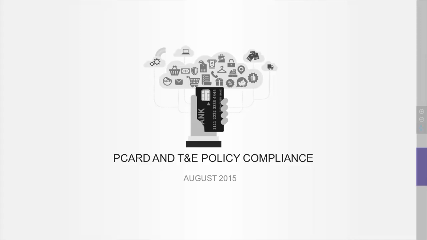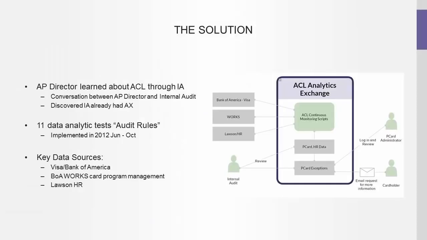Correct. Yeah, so I've got a bit of a solution diagram on the right here, and so we bring in all of that data from those three sources into our continuous monitoring scripts in ACL Analytics Exchange. We have the P-card HR data that we pull in, and then we generate some P-card exceptions, which your P-card administration team logs into the tool and reviews, and then they request more information? Correct.